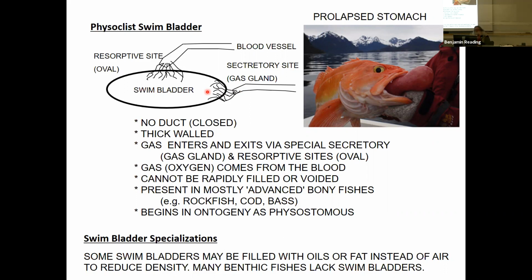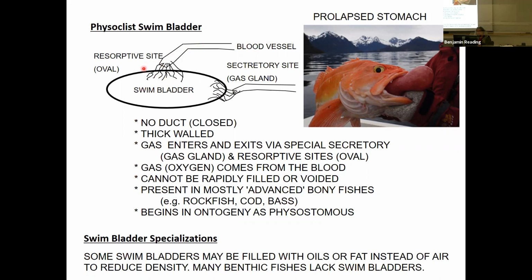Well, the gas gland is essentially an acid pump that creates a super Root and Bohr effect, which forces the offloading of oxygen in. And then if it wants, the fish can inflate it here. And if it wants to deflate it, all it does is allow the oxygen to diffuse out and back into the blood. And then it goes about its merry way.